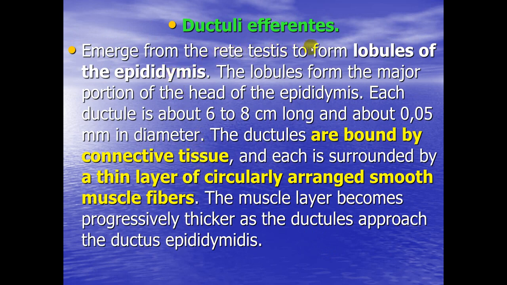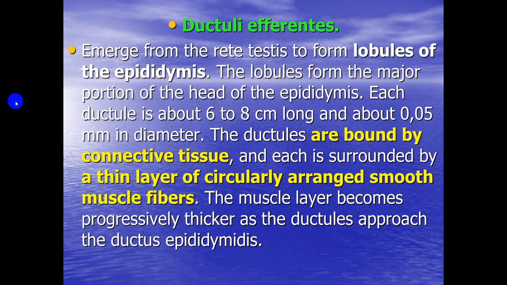Next, the ductuli efferentes. They emerge from the rete testis to form the lobules of the epididymis. Ductuli efferentes are connected with the straight tubules of the rete testis, then leave the testis and go to the epididymis. Here in the epididymis they form the head of the epididymis, and also in the head we can distinguish the lobules of the epididymis.